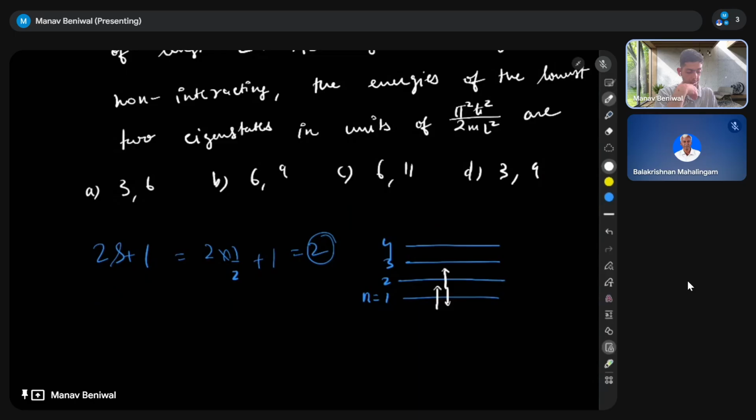Now for the next energy state, we'll have one particle here and two particles here. Okay, so this is, let's say, the ground state, and this will be the first excited state.